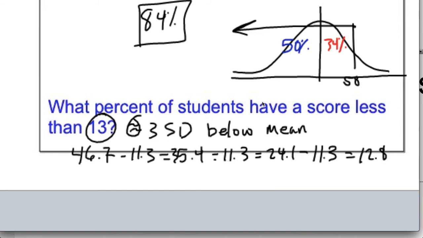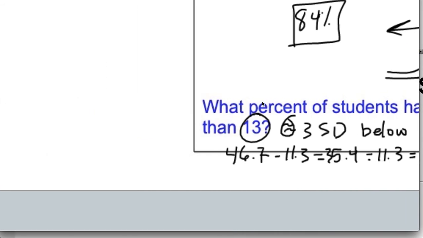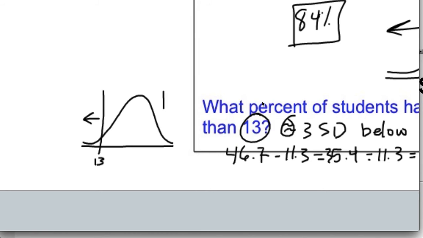Okay? And so again, if we think about our chart, right now we are way over here for a 13, and we are looking at what percent fell below that. Okay? Well, remember that in between -3 standard deviations and +3 standard deviations is 99.7% of the data.